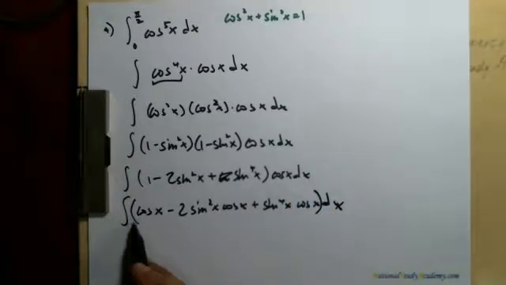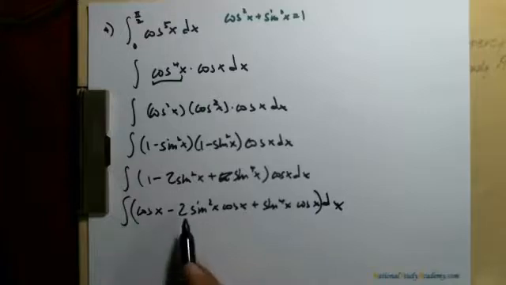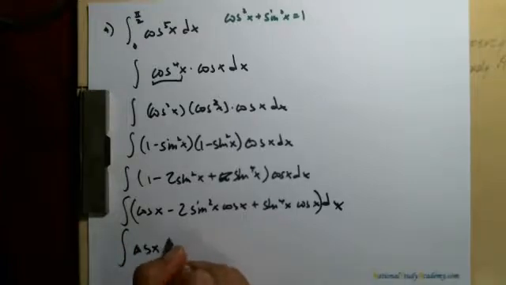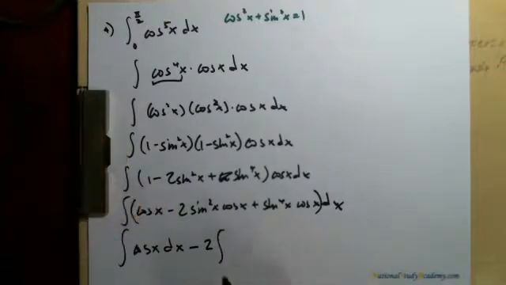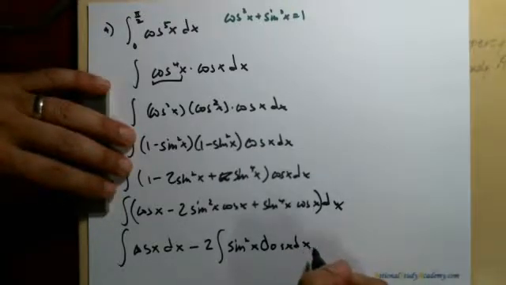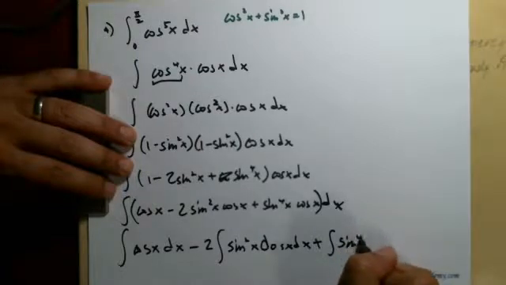And now the integral of a plus b is the integral of a plus the integral of b. So we can actually distribute this out. Integral of cosine of x dx minus 2, we can also factor out the 2 in the front, integral of sine squared of x cosine of x dx plus integral of sine fourth of x cosine of x dx.